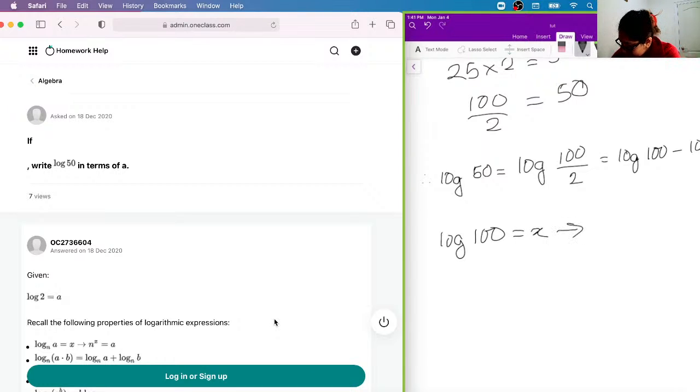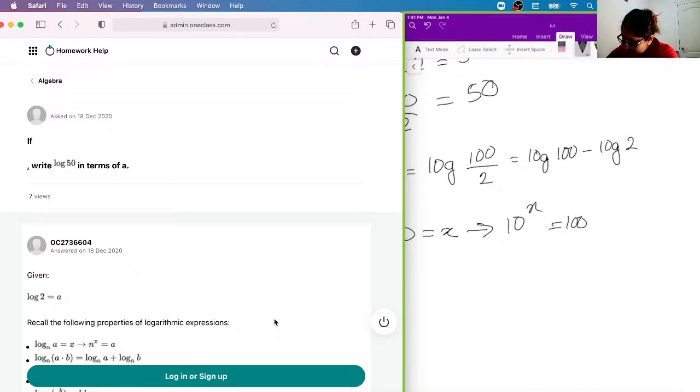If you want to convert this into an exponential equation, we have 10 to the power of x is equal to 100, right? And so in this case, x is equal to 2, since 10 to the power of 2 is 100.